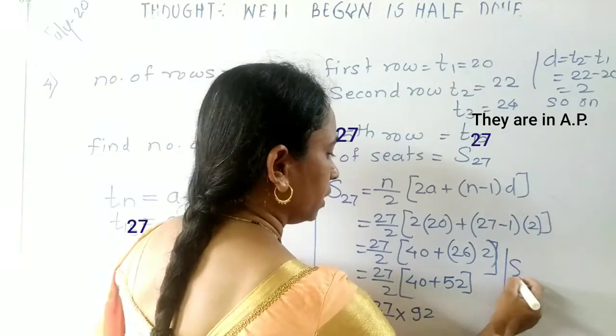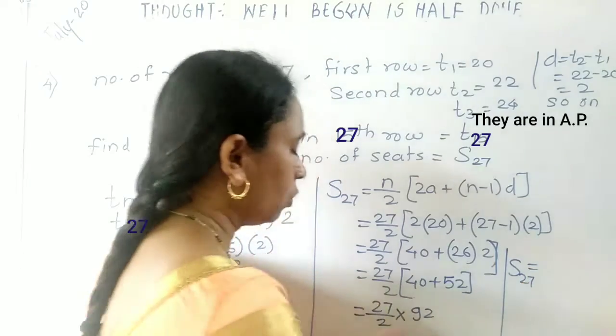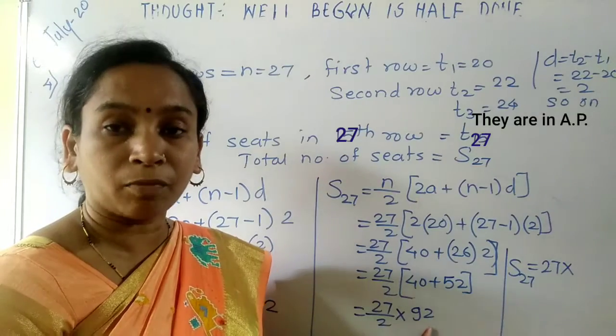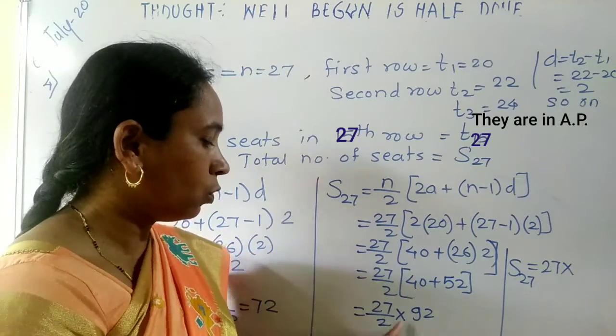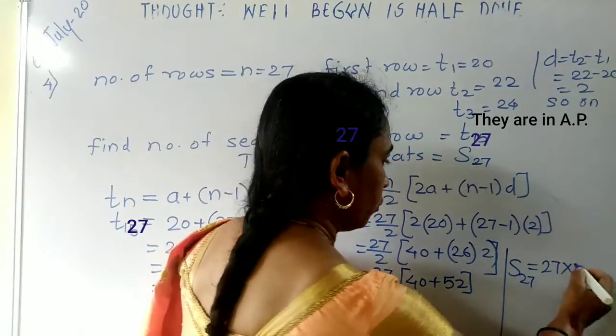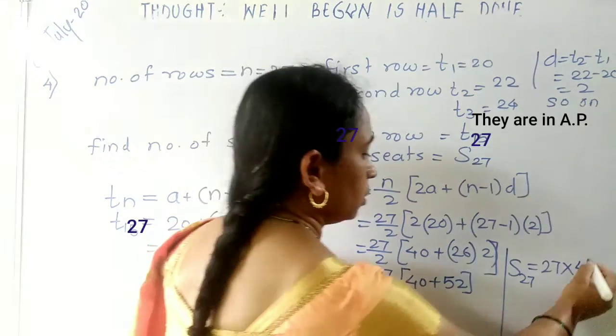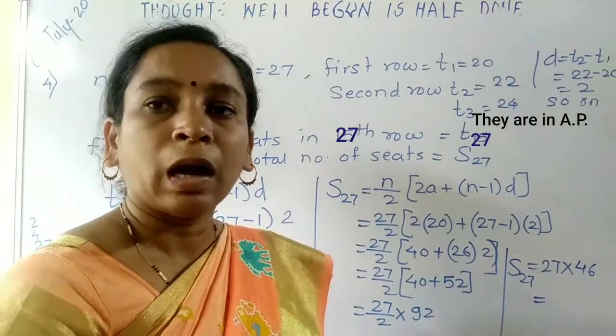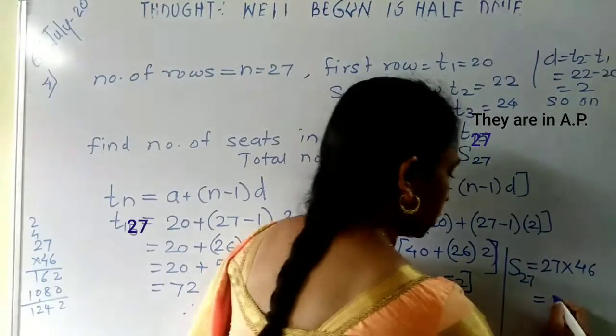So we will get S27 is equal to 27 into 46, dividing 92 by 2. Now we will see the multiplication. After multiplication we will get the answer.